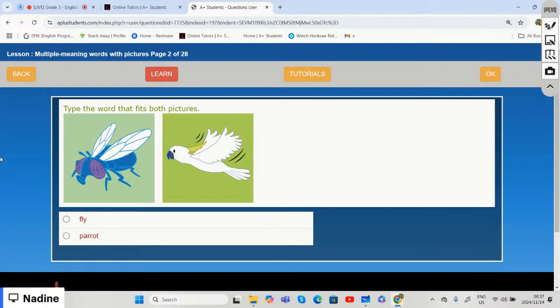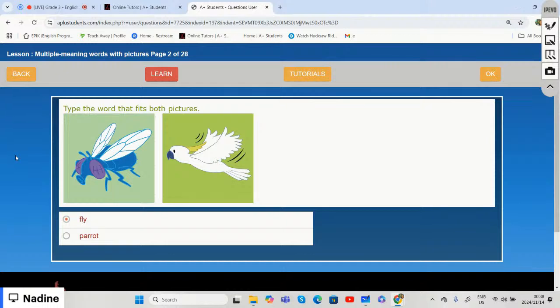So this is multiple meaning words. We said multiple meaning words are one word. Let's say, for example, this is fly. If you look at these two pictures, fly can either be an insect fly, or it is where you say a bird fly.